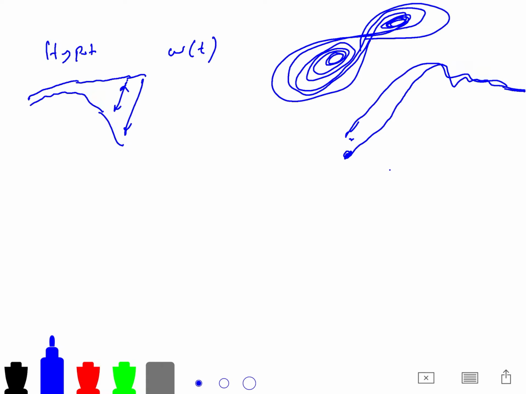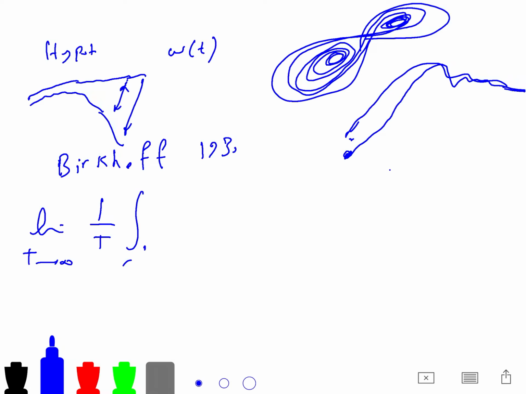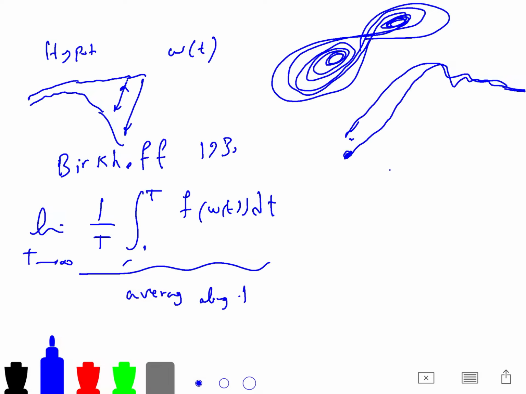And so if the hypothesis is true, then Birkhoff was the guy. Birkhoff's equality in 1930 says that the limit of 1 over t, as time goes to infinity, of the integral of f of omega of t dt, so it is like an average along the trajectory, is equal to the integral of f of omega p of omega d omega.